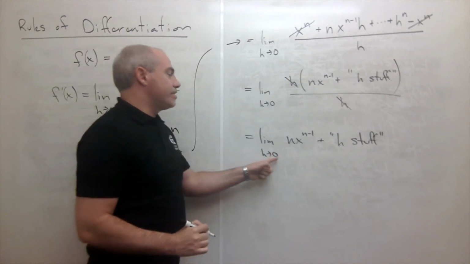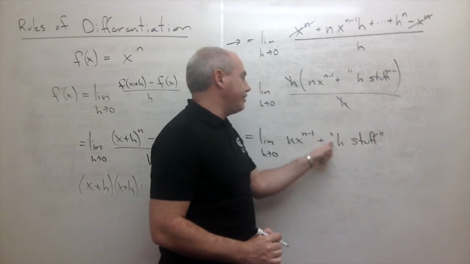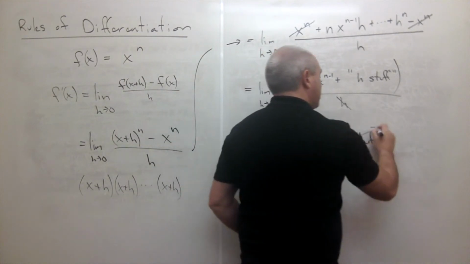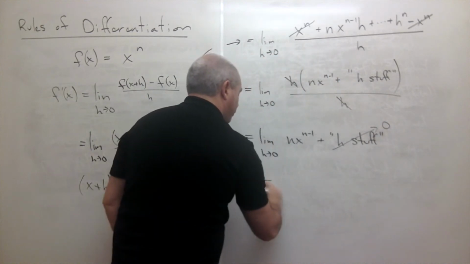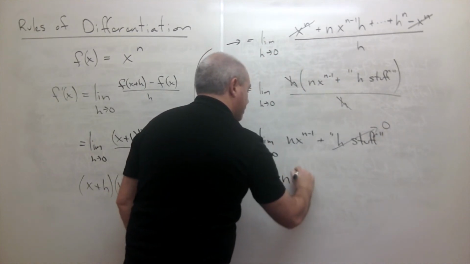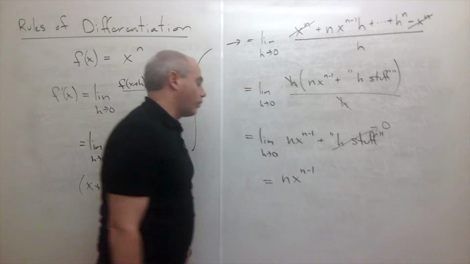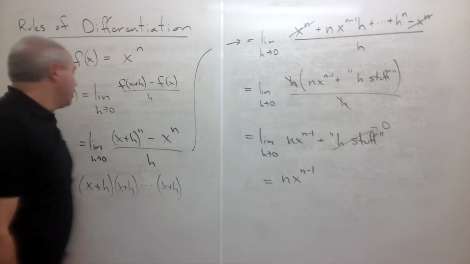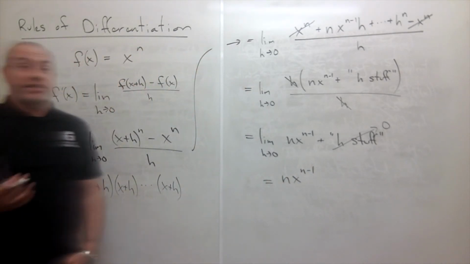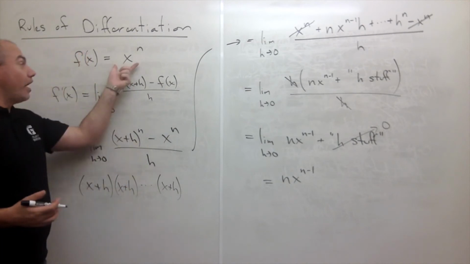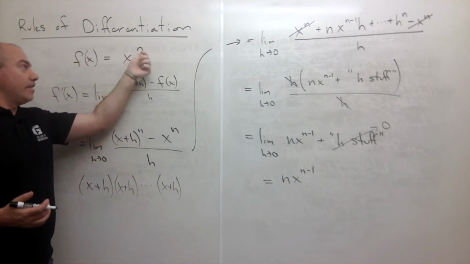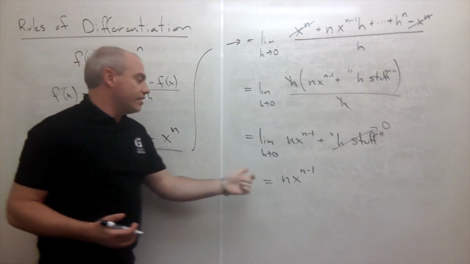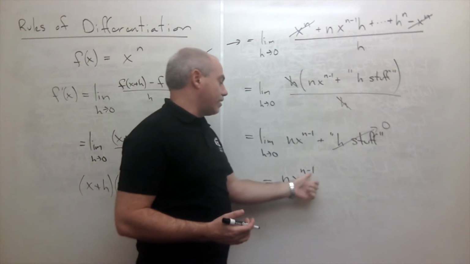And as h goes to 0, all of the stuff that has h in it goes to 0. And I'm left with n x to the n minus 1. And so what I just did is I calculated the derivative of the function x to the n. And what I found is it's n x to the n minus 1.